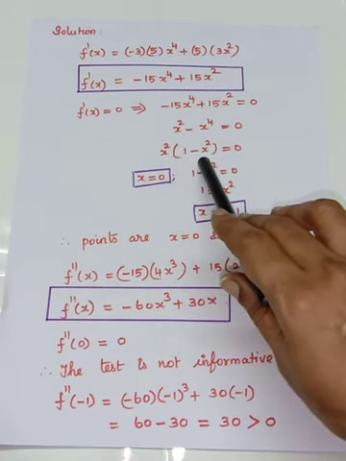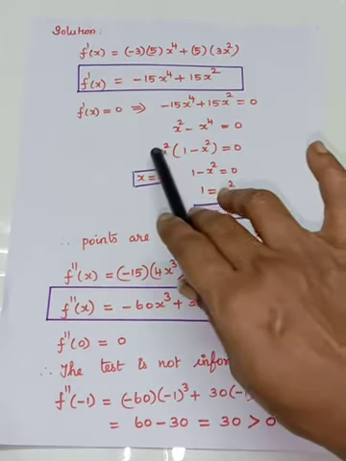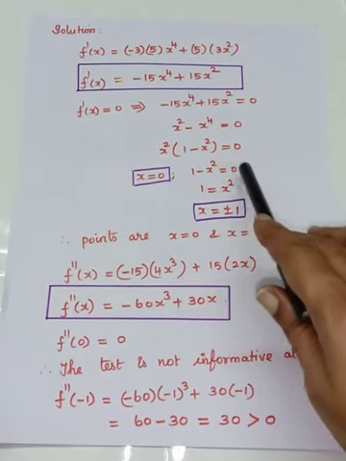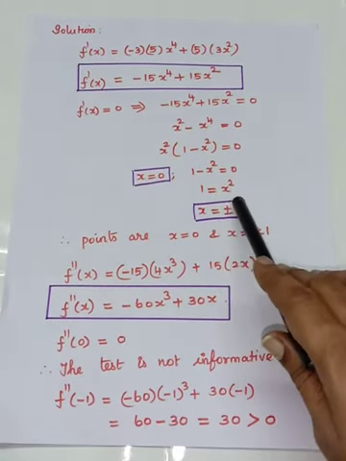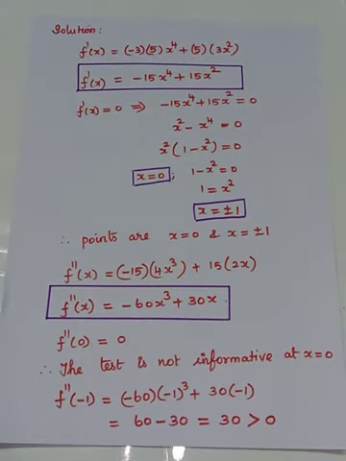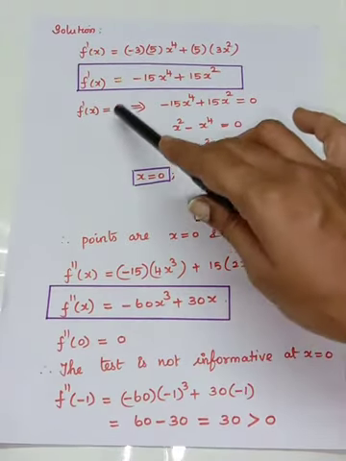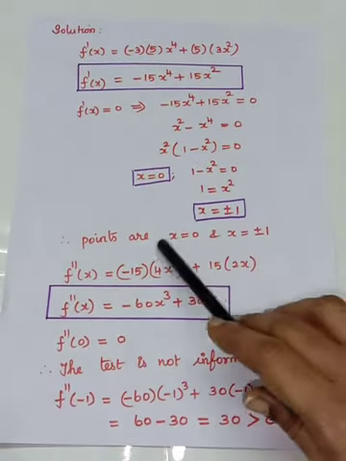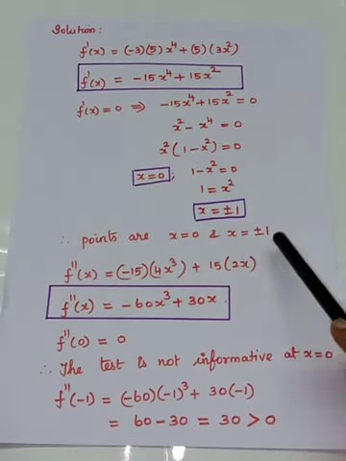So it is x squared into 1 minus x squared is equal to 0. So x squared is equal to 0 means x is equal to 0, and 1 minus x squared is equal to 0 means 1 is equal to x squared, x is equal to plus or minus 1. So the second step is over. We equate f dash of x to 0 and find the critical points. So the points are x equal to 0, x equal to plus or minus 1.